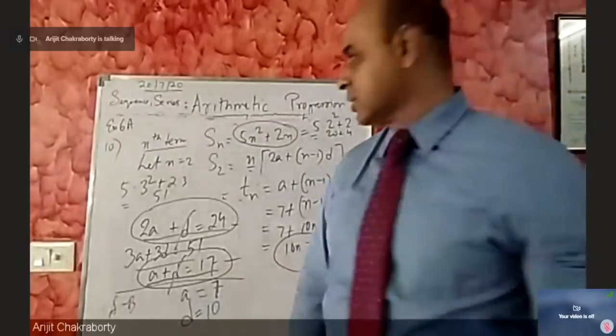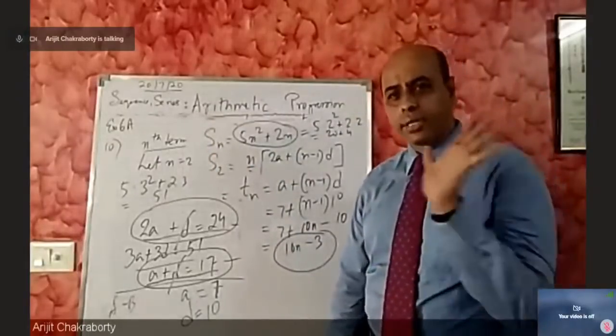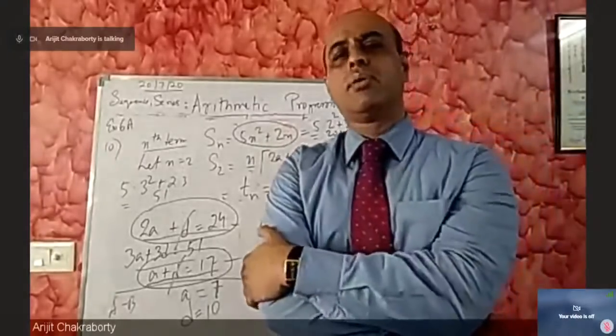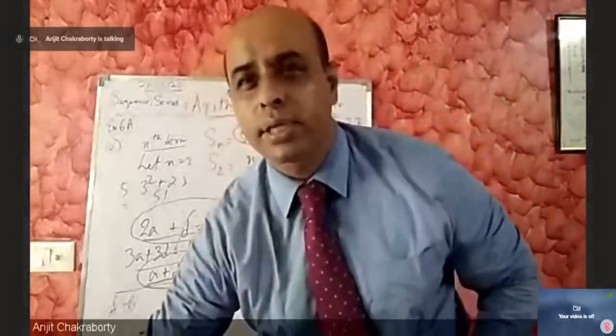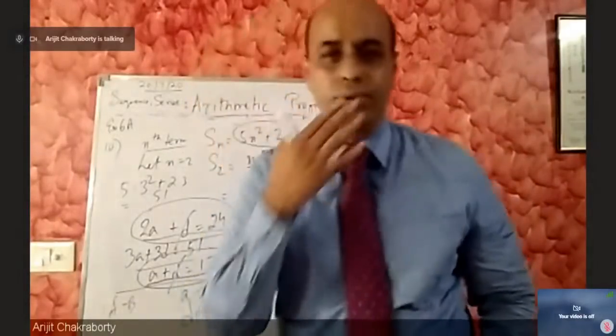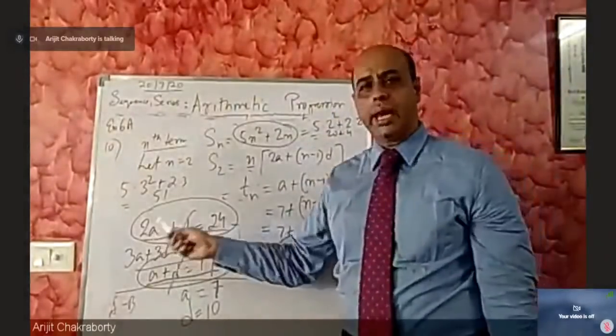Please have a look at the answers, you will realize. So 6a number 10 we have done. I think it is clear. So the formula, it's like a function, the formula was given. What we did was we just put n equal to 2 and then we did n equal to 3 to get two equations from which we solved a and d.